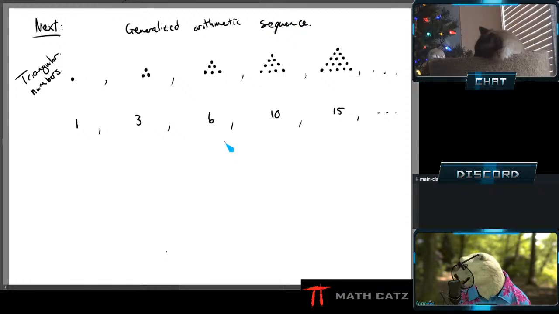Now, the reason why these sequences in general don't really have one name is because the formulas don't really extend to all of them in exactly the same way. It really depends on how deep down the differences sit.